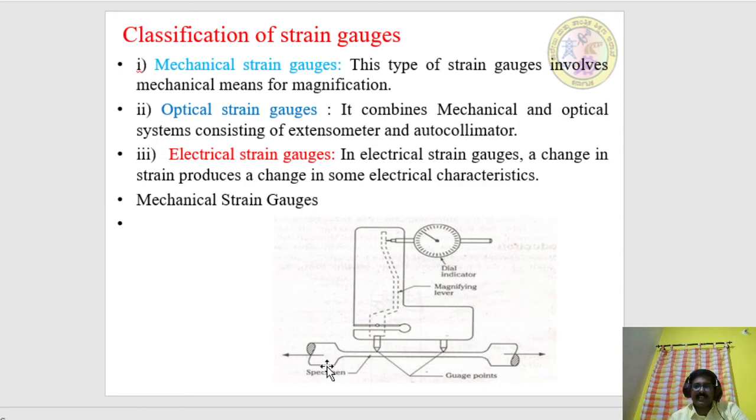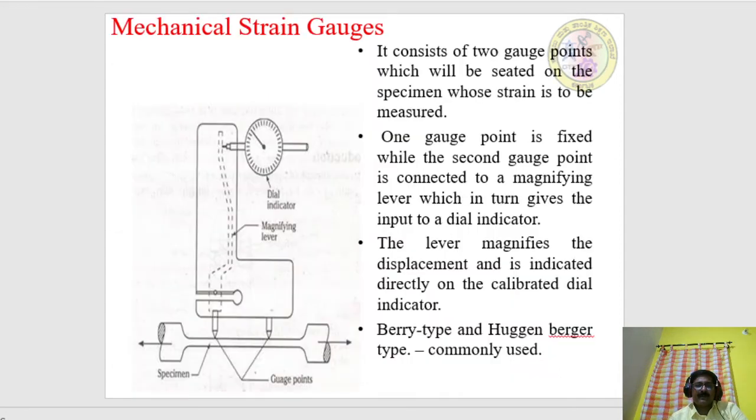This is a typical sketch which shows a mechanical strain gauge. It consists of two gauge points. These are the two gauge points, right? And this is the specimen, to which a tensile force is applied on either end. Whatever instrument has been kept there, we call it a strain gauge.